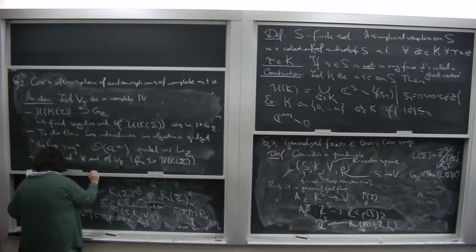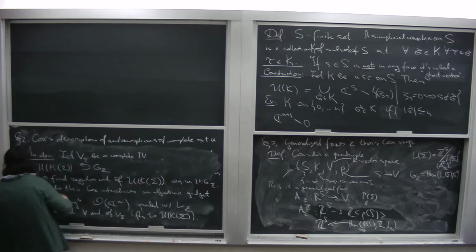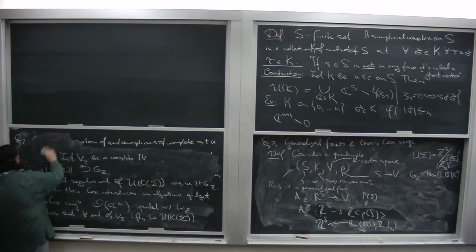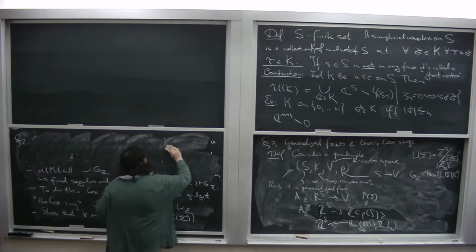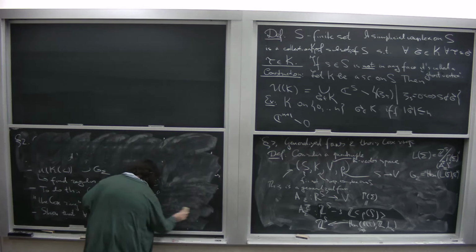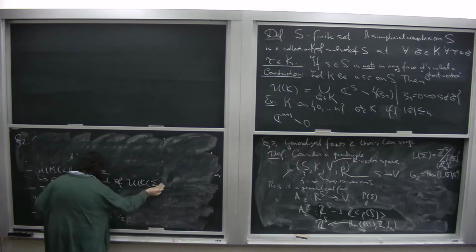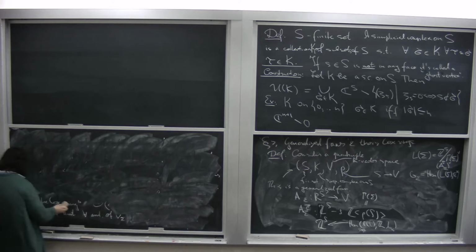Now let me give you the main proposition about graded automorphisms of Cox rings, which, once again, should be thought of as a straightforward generalization of what you have for P^n.